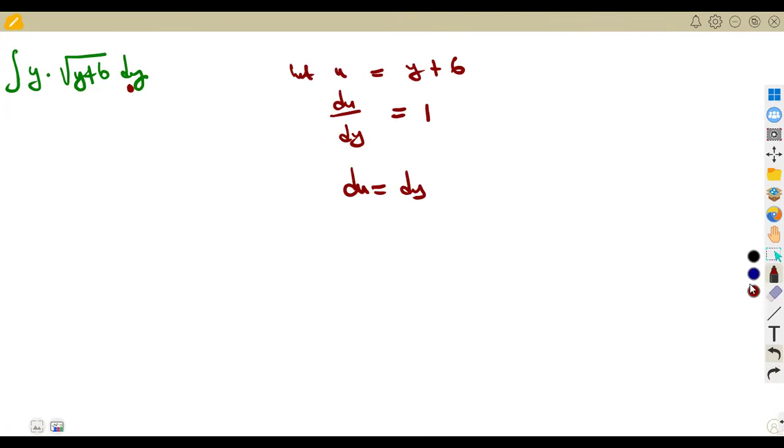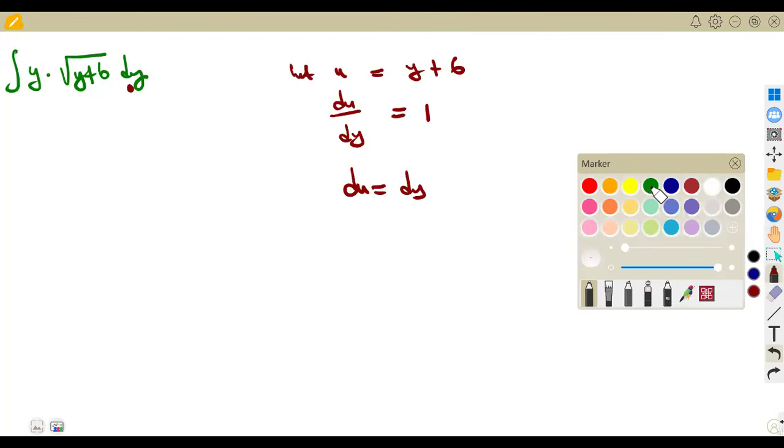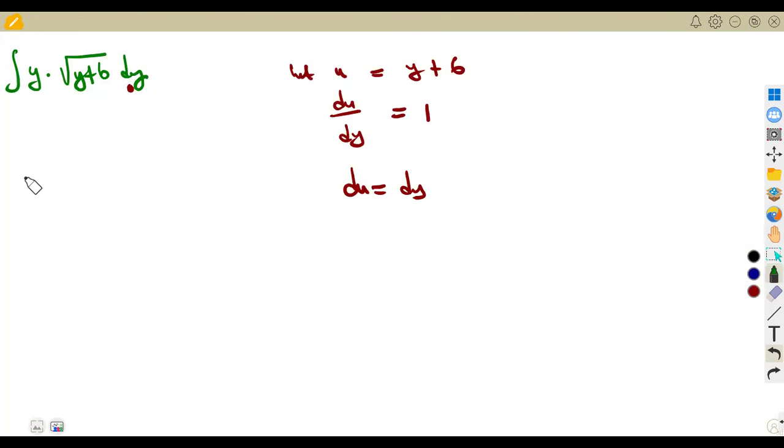If we substitute here, we would have the integral of y times the square root of y plus 6, which is u, times dy, which is equal to du. But if you check, this is not making sense.